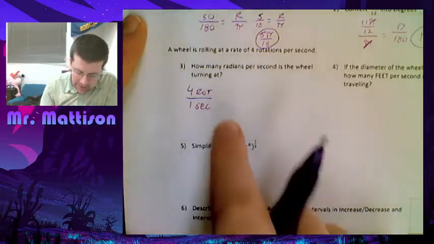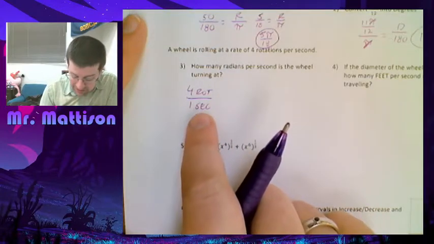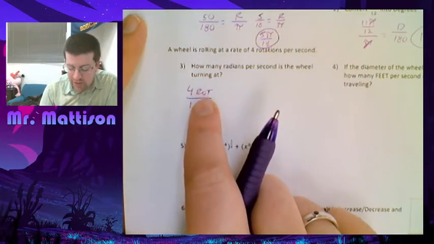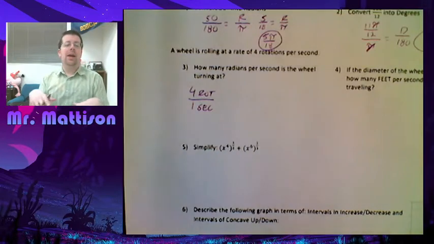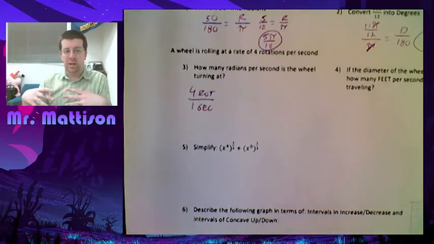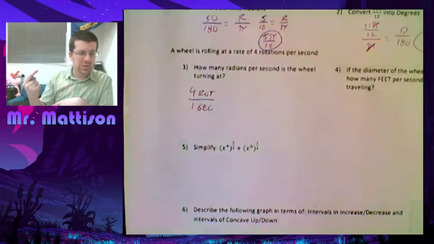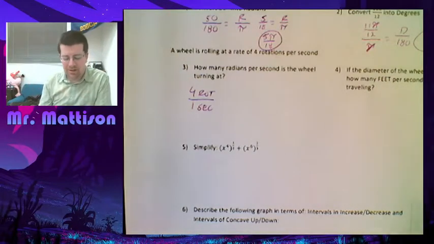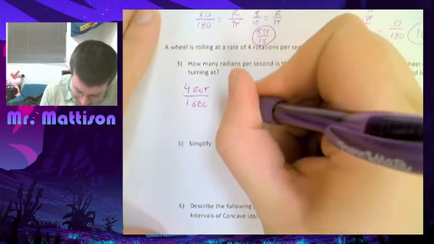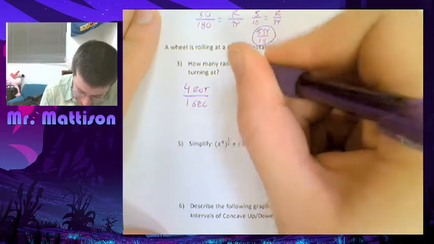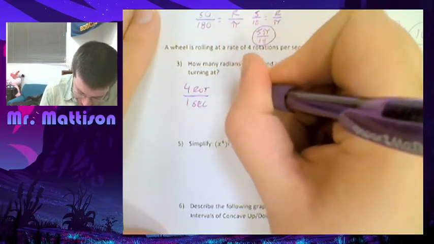So I know that I want to leave seconds and I want to get rid of rotations. Well, I do know how many radians are in one rotation, because one full rotation is 1 circle, so that's 2 pi radians. So I'm going to put rotations on the bottom and radians on the top.